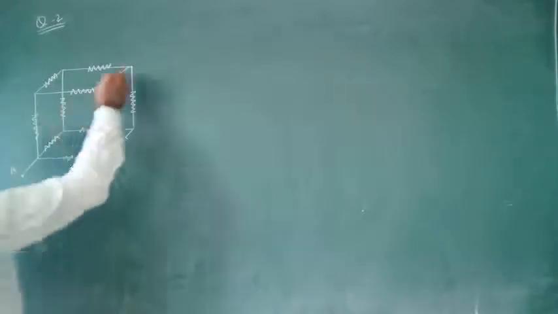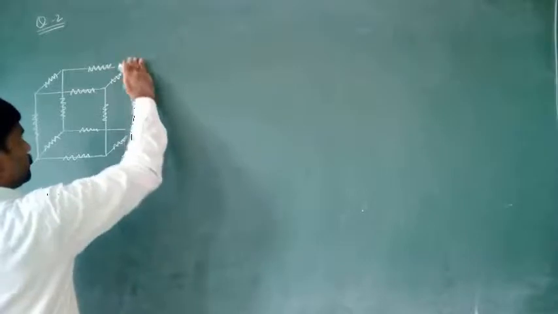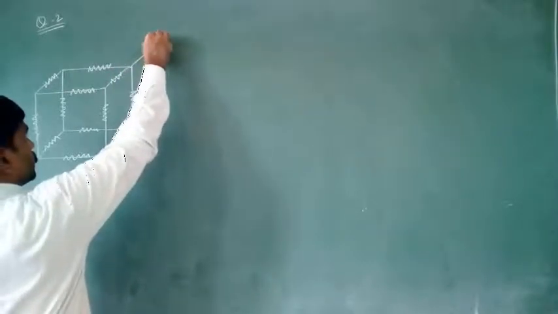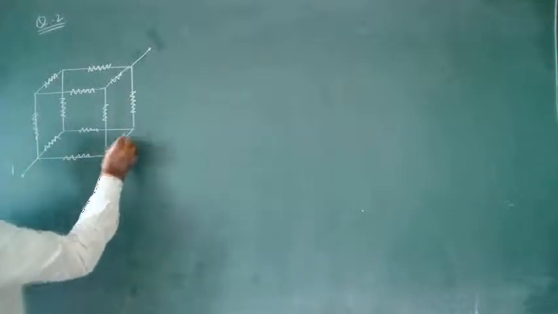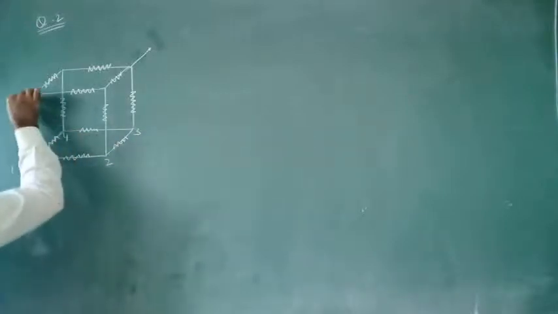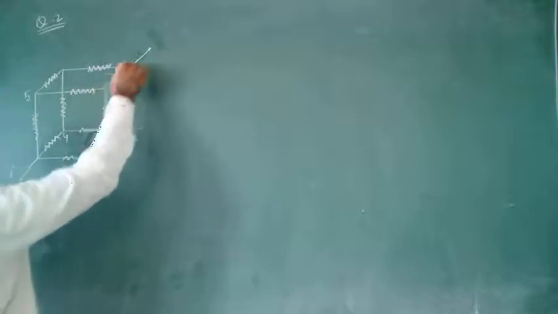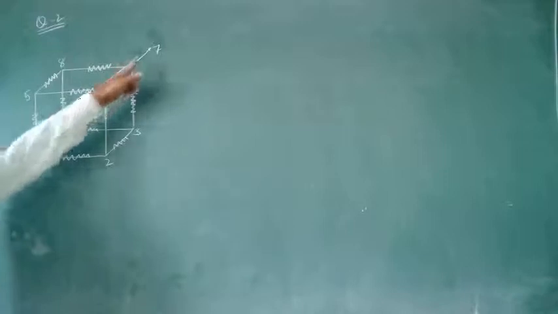This is A and this is B. Take this one as 1, then 2, 3, 4, 5, 6, 7 and this is 8. So this is 1 and this is 7.